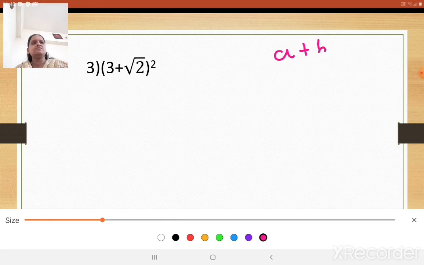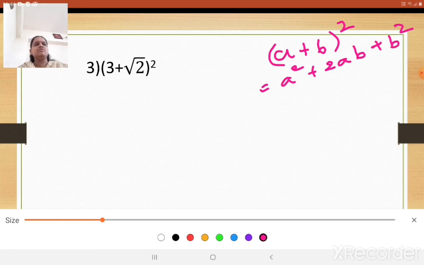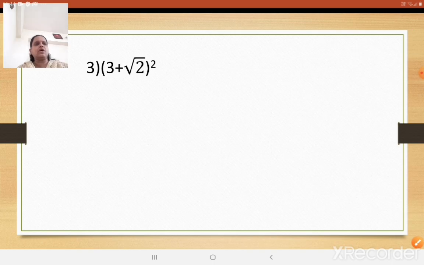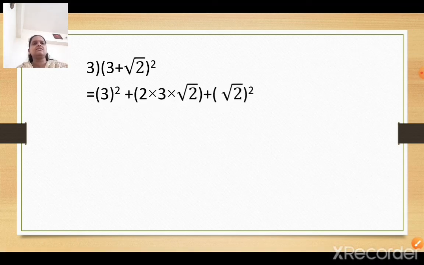What is a plus b the whole square? All of you know that. A square plus 2ab plus b square. Correct? So we will apply this formula over here. That means first term square plus 2 into first term into second term plus second term square.